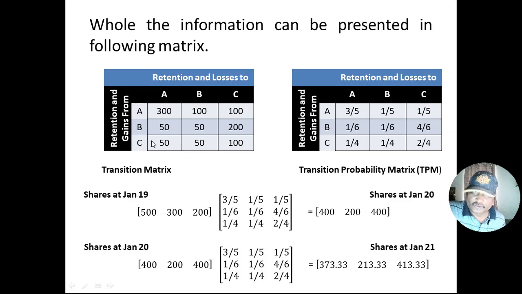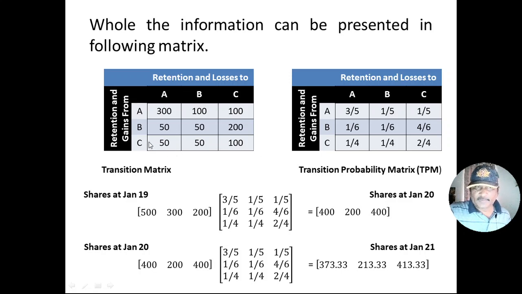Now, total number of customers of C. If you do not know, you simply make the sum of this. That were the total number of customers of C. How many? There were 200 customers, right, to begin with at 1st January 2019. Okay, now the probability of switching: probability that the customers of C will switch to A is 50 by 200, that is 1 by 4.